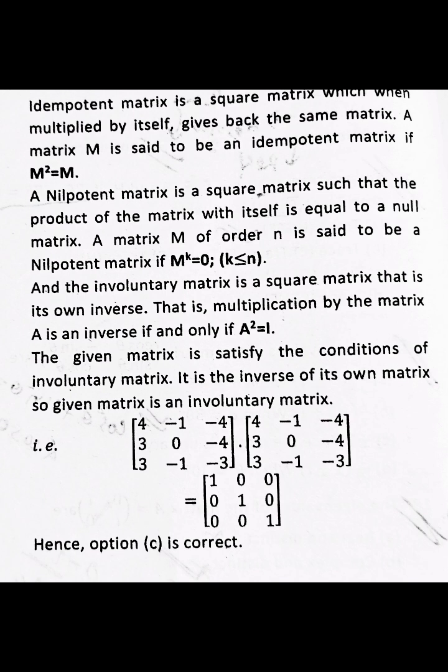A matrix is said to be nilpotent if it is multiplied with itself and gives a null matrix. And a matrix is said to be involutory if it is multiplied with itself and gives an identity matrix. So here the matrix given is an involutory matrix because if it is multiplied with itself, we get an identity matrix. So the answer is option C.